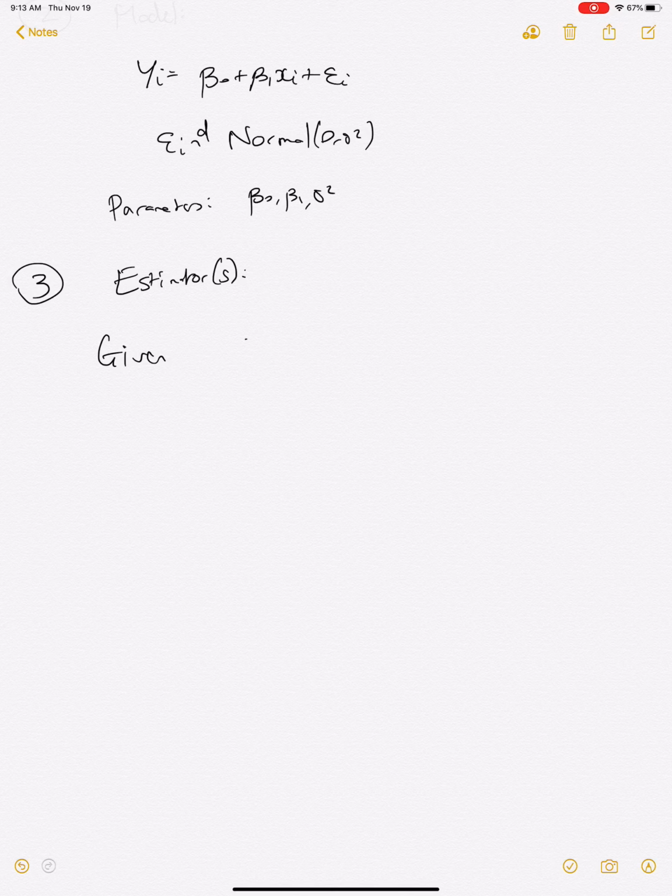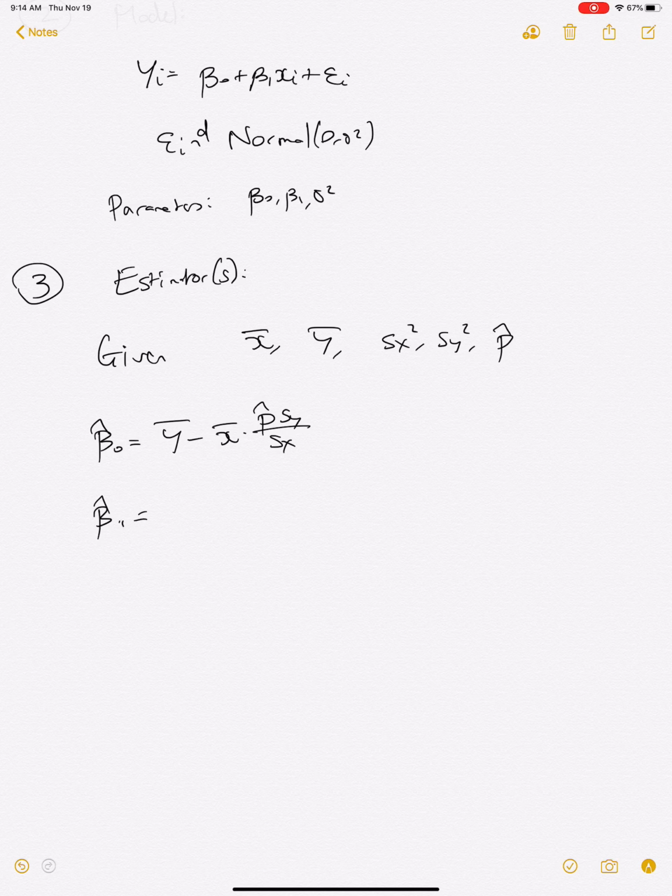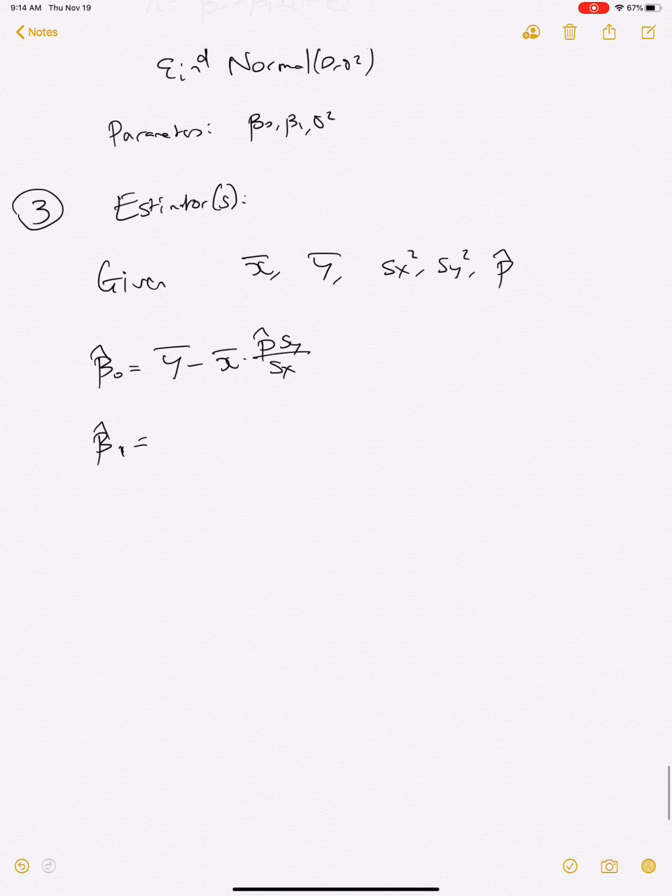So if we have the summary statistics x bar, y bar, sx squared, sy squared, and rho hat, we have that beta hat 0 is equal to y bar minus x bar times rho hat sy over sx. Beta hat 1 is equal to rho hat times sy over sx.